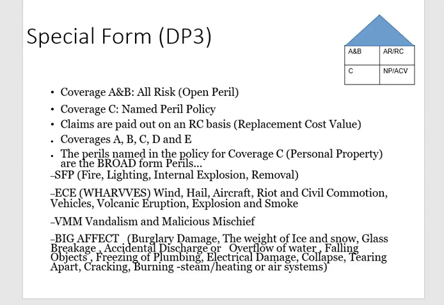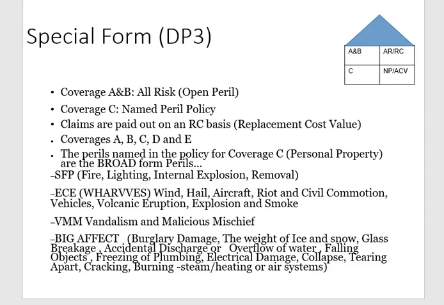So usually you're going to have a lot more exclusions than you would on a DP1 and a DP2 because everything's covered. But coverage C, your personal property, is still named perils. So do not confuse. This special form is not completely all risks, just for coverages A and B, your structure and other structures. Coverage C is a named peril.